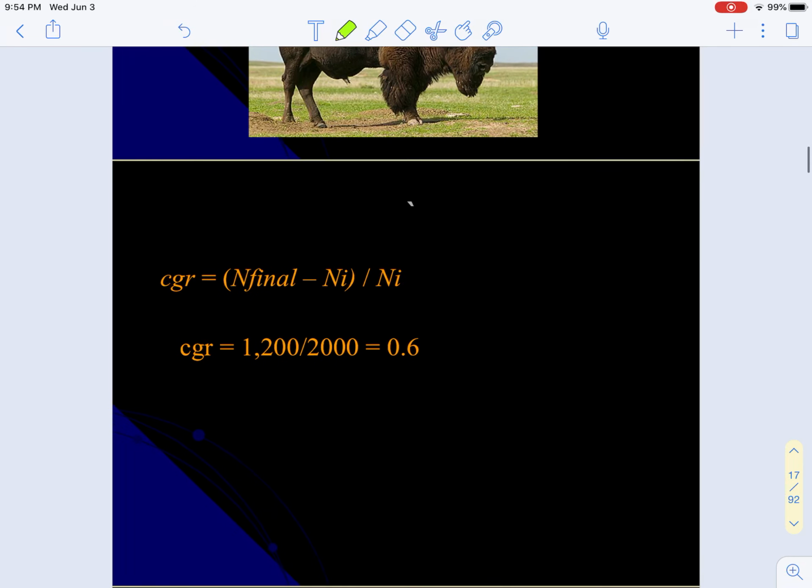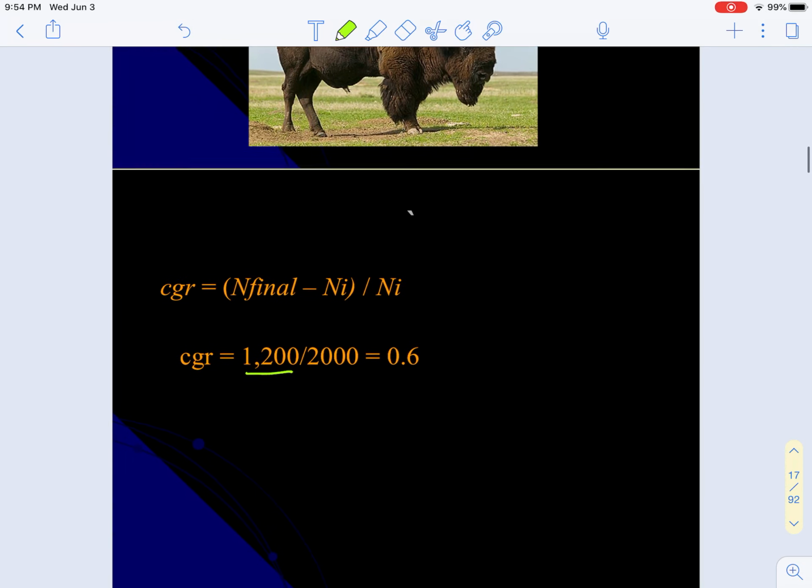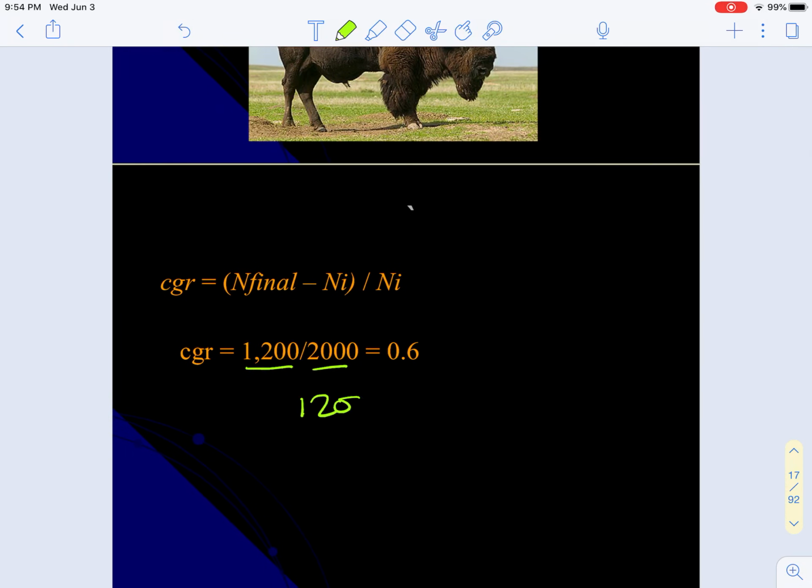So here's a simple one, CGR of wood bison using the previous information of final minus initial being 1,200 that we calculated as our change in number before, divided by the 2,000 of the original number, so it's 1,200 over the original number of 2,000.